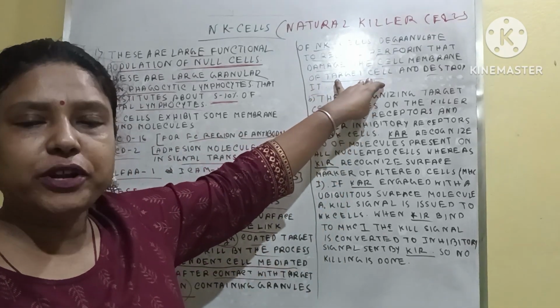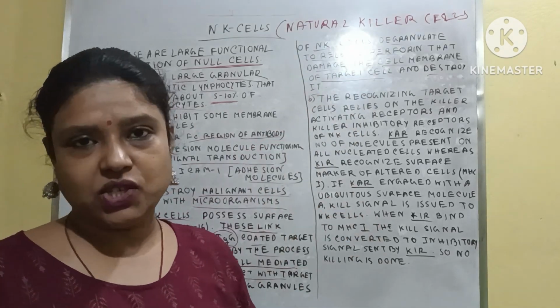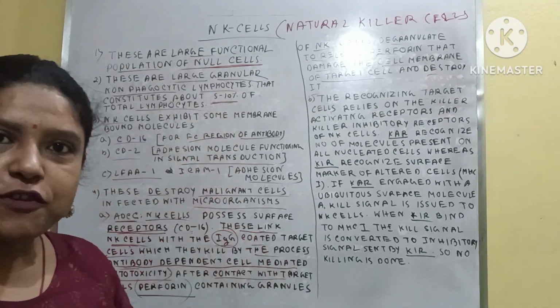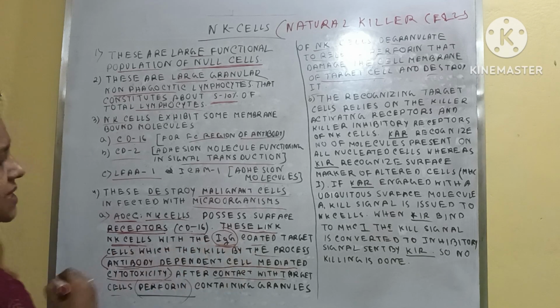Due to perforin, the NK cells kill or destroy the antigens or foreign particles. And obviously the CD16 membrane receptor is very important, and IgG antibody is needed.